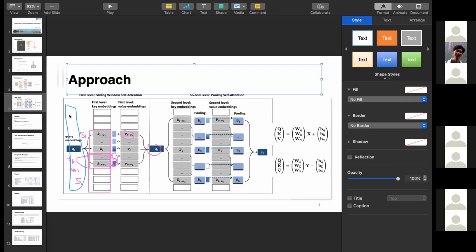For each Qi, it will generate a sliding window which is centered at Ki and use this Qi to multiply each token within the sliding window of the K matrix. So we generate this attention score and use it to make a weighted sum of V, which is also within the window.